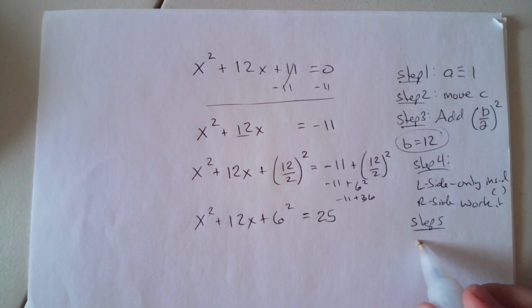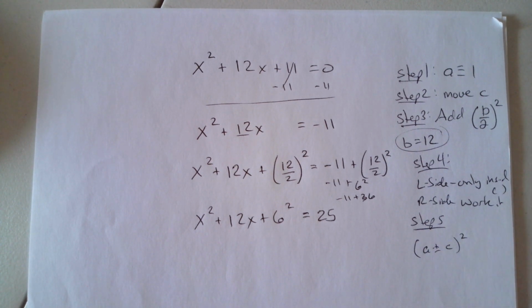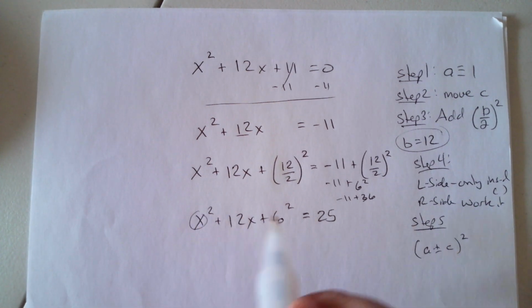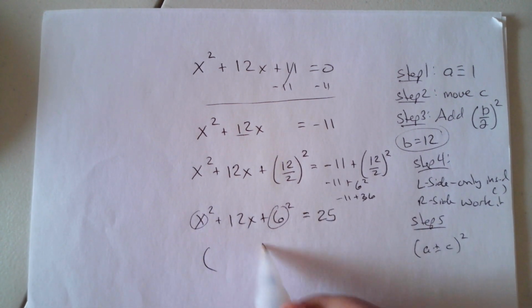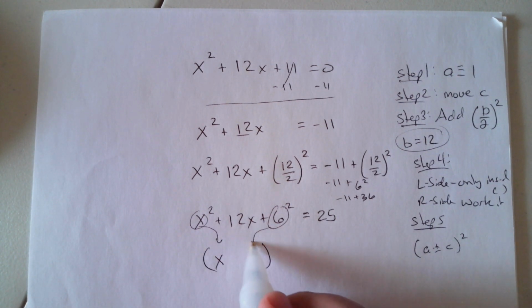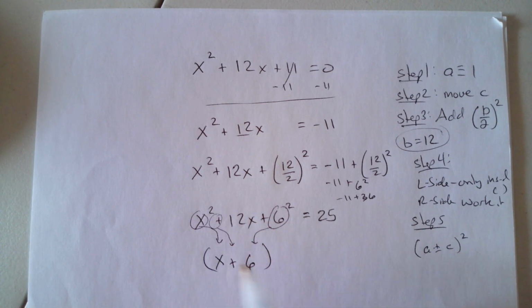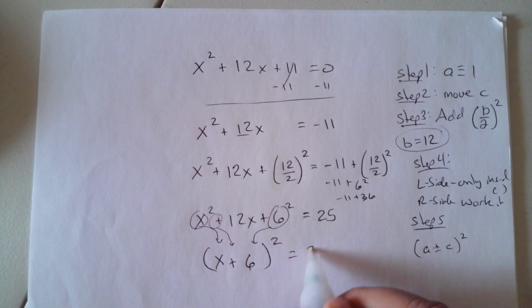Step 5. Whatever's under the squares goes inside the parentheses. So x, 6, and whatever the first sign is, squared, equals 25.